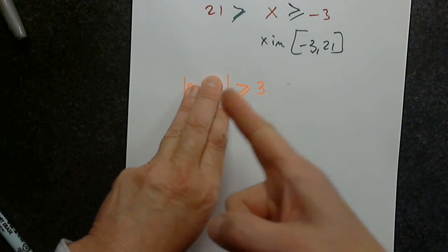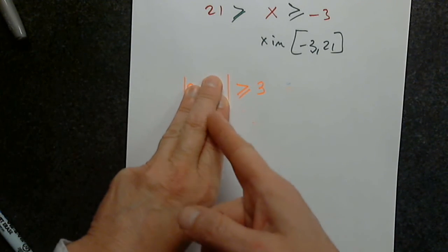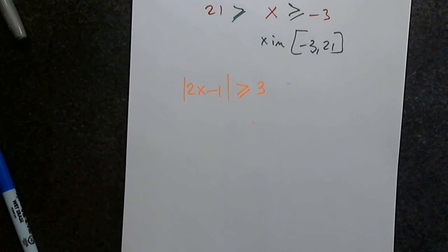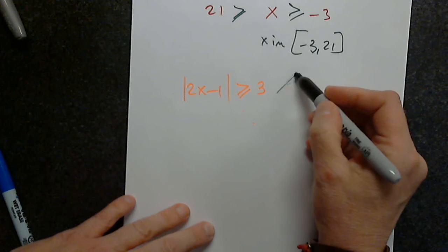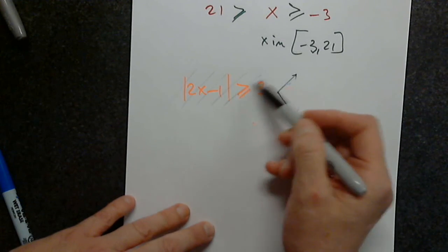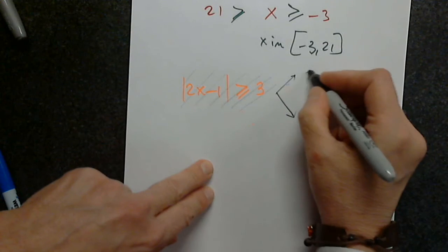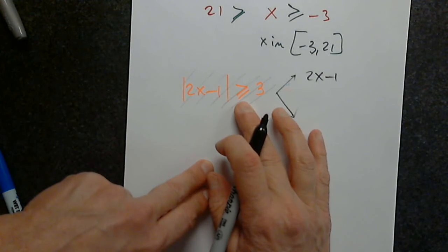So now I want these numbers to have the distance between themselves and 0 be 3 units or more. It cannot be between negative 3 and 3. 3 units or more. So then what do I write? I cannot change the inequality symbol into equals.